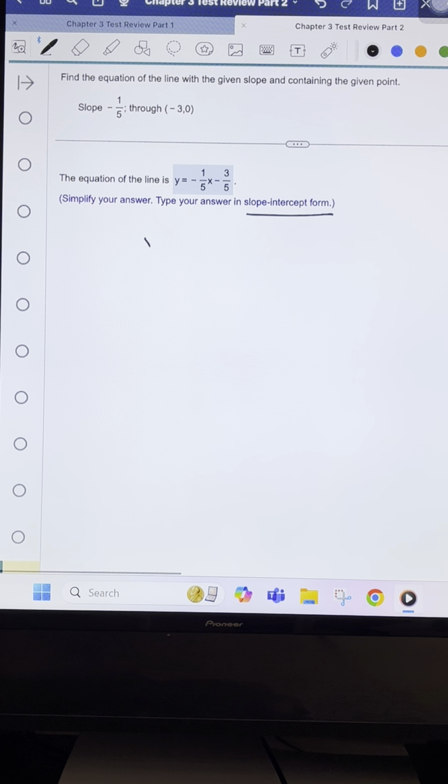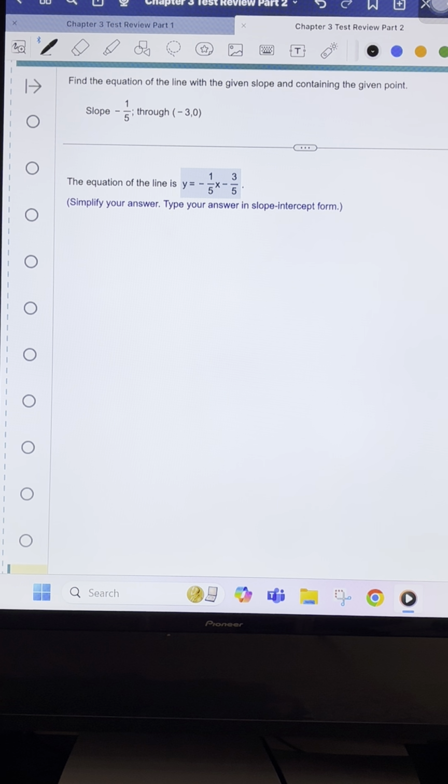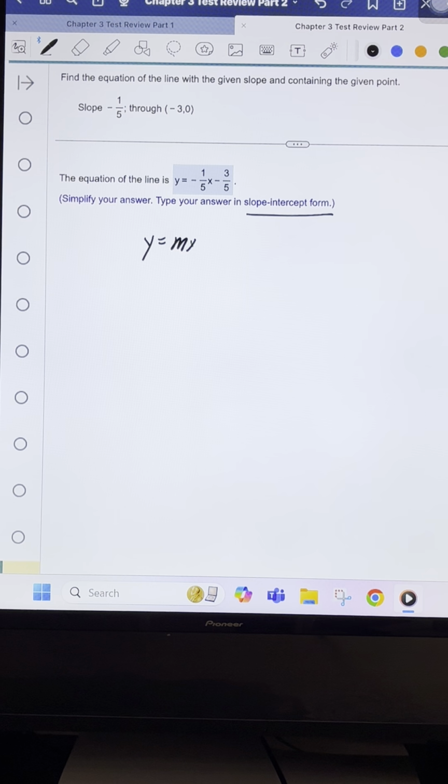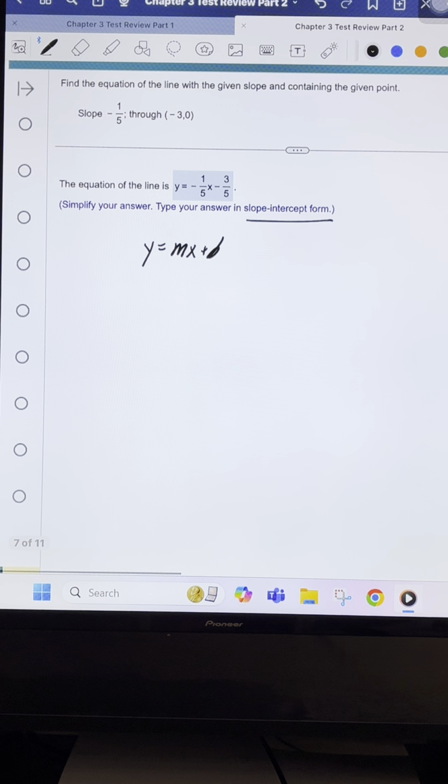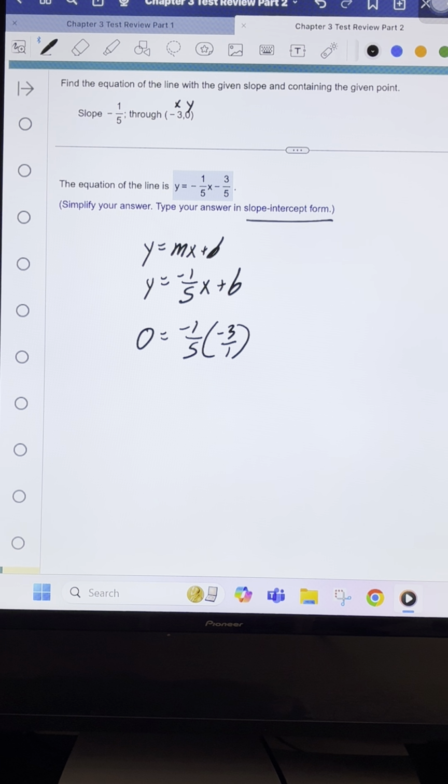All right, we're almost done. Same exact problem. It literally is the same exact problem. So they want the answer in slope-intercept form. So y equals mx plus b, with my m being negative 1/5, x plus b. Now I have these values. So I'm going to have my y is 0.